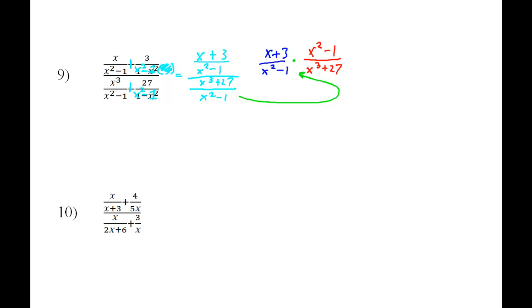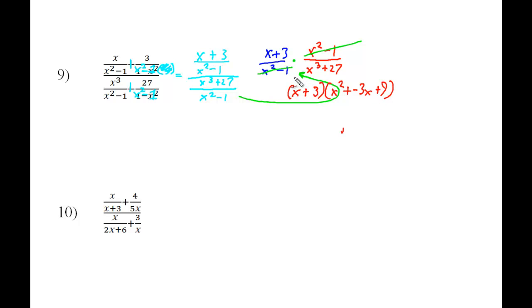Now, what will happen is that we are going to do some simplification with green, but there's a little bit more to go, because if you notice that denominator is a cubic, and when you see x cubed, you've got to remember about SOPS. SOPS is the cube root of x and the cube root of 27, which is 3, and then the square of the first term, the opposite product, which is going to be negative 3x, and then the square of the last term, which is 9.